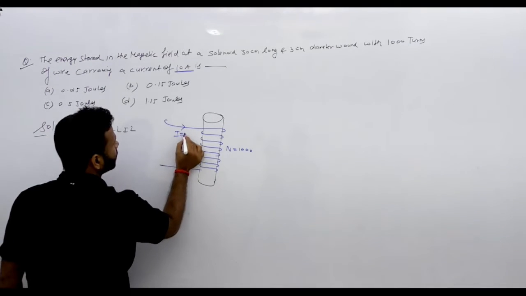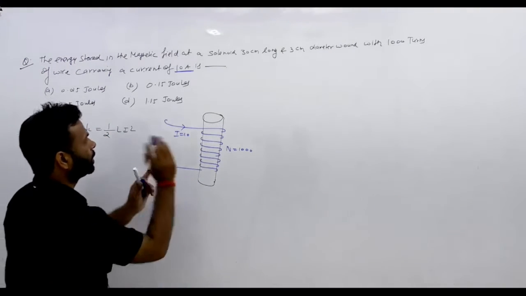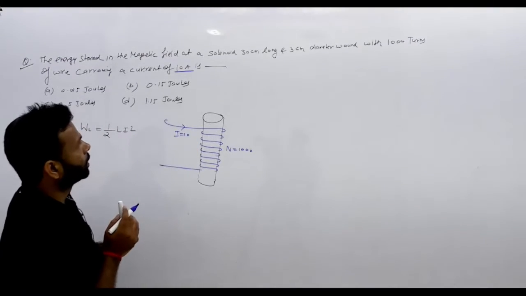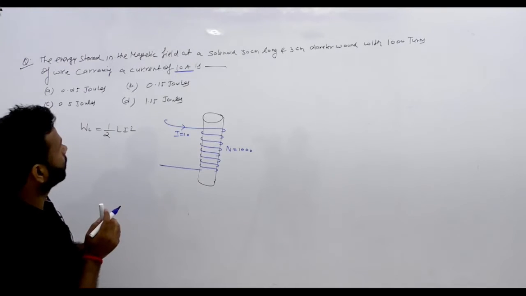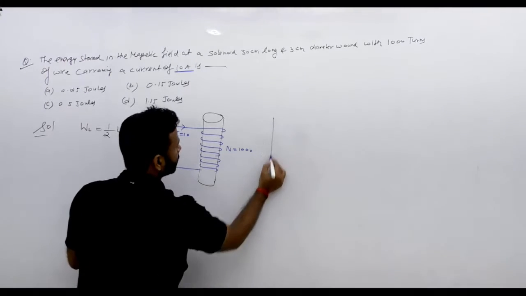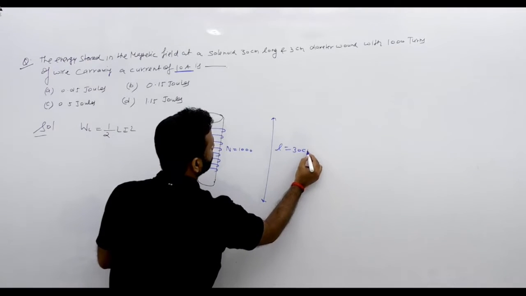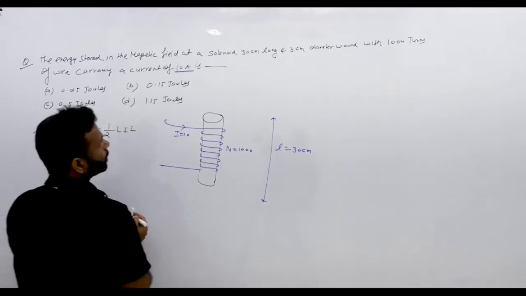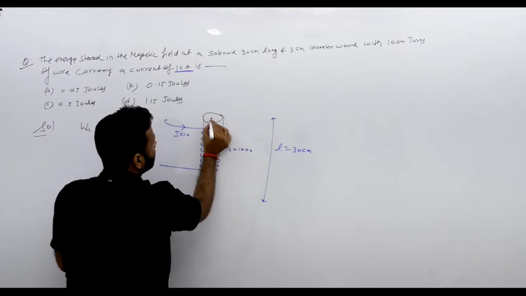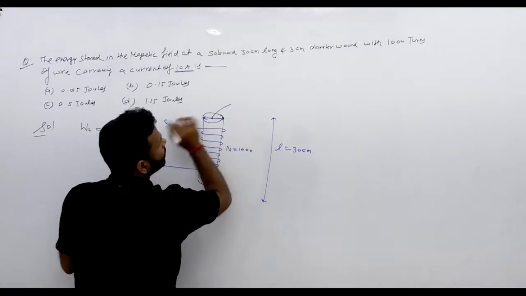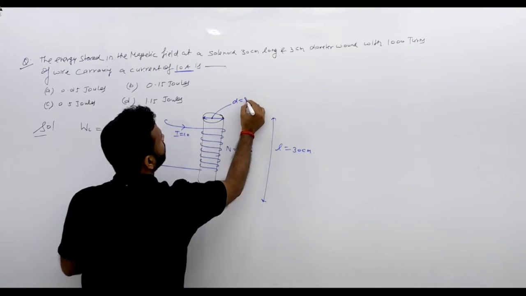When this current flows, energy is stored in the solenoid. The length of the solenoid is 30 centimeter. Then we have the diameter. This is the diameter of the solenoid, D is 3 centimeter.